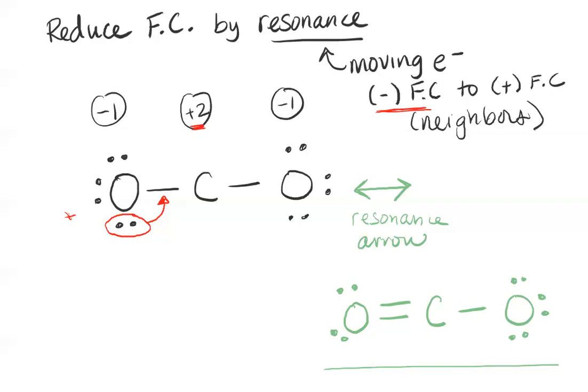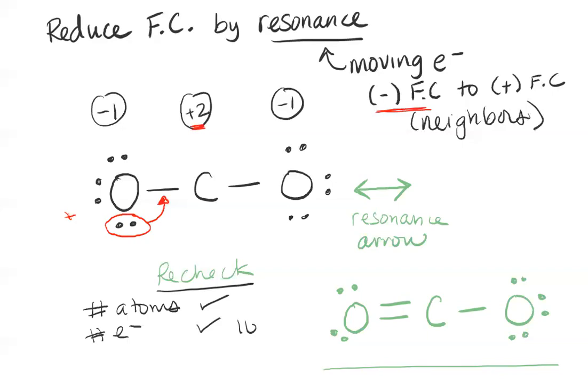And I have to recheck. Okay, so to recheck, I check the number of atoms. I've got 2 oxygens, 1 carbon, check. I check the number of electrons. I checked it earlier, I've got 16 valence electrons.